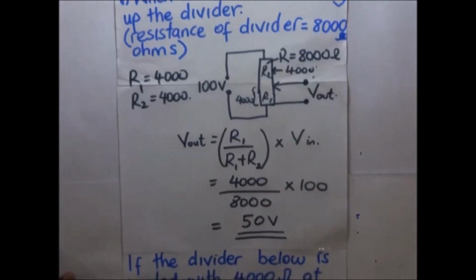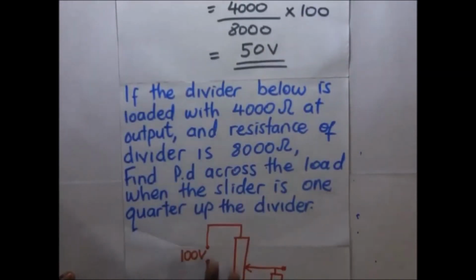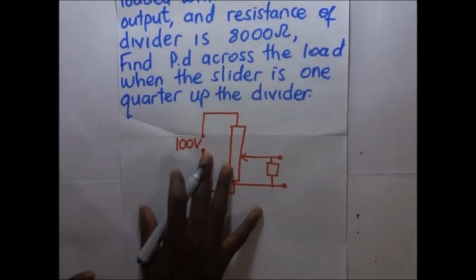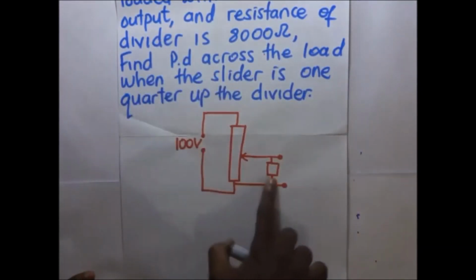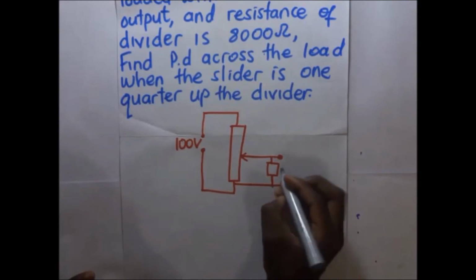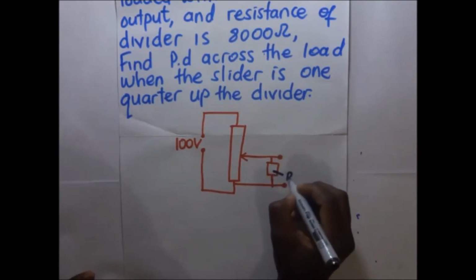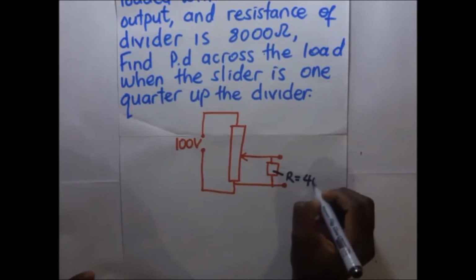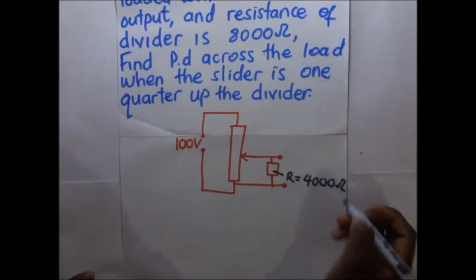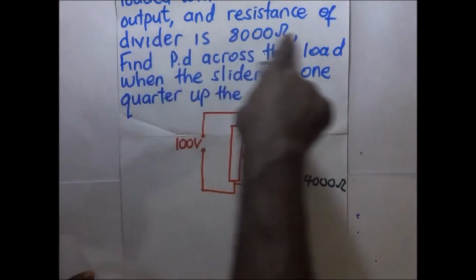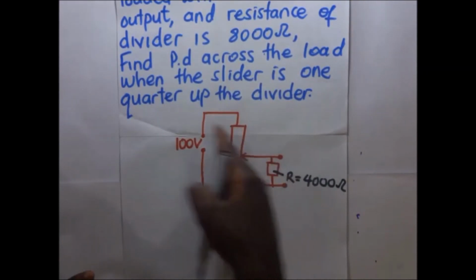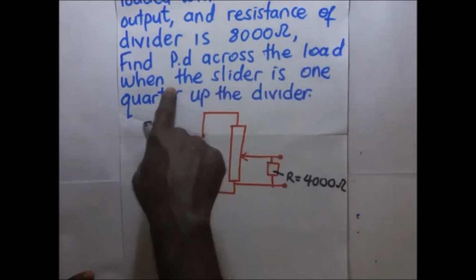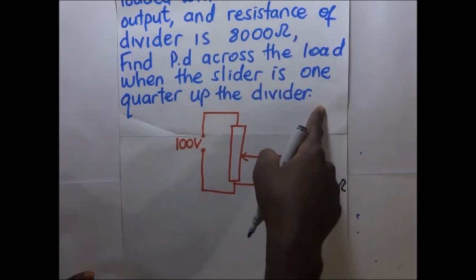Now let's look at a case whereby the potential divider is loaded. We have this question. If the divider below is loaded with 4,000 ohms at the output, so we have here a resistor with 4,000 ohms at the output, and the resistance of the divider is 8,000, so this whole thing is still 8,000. Find the PD across the load when the slider is 1/4 up the divider.